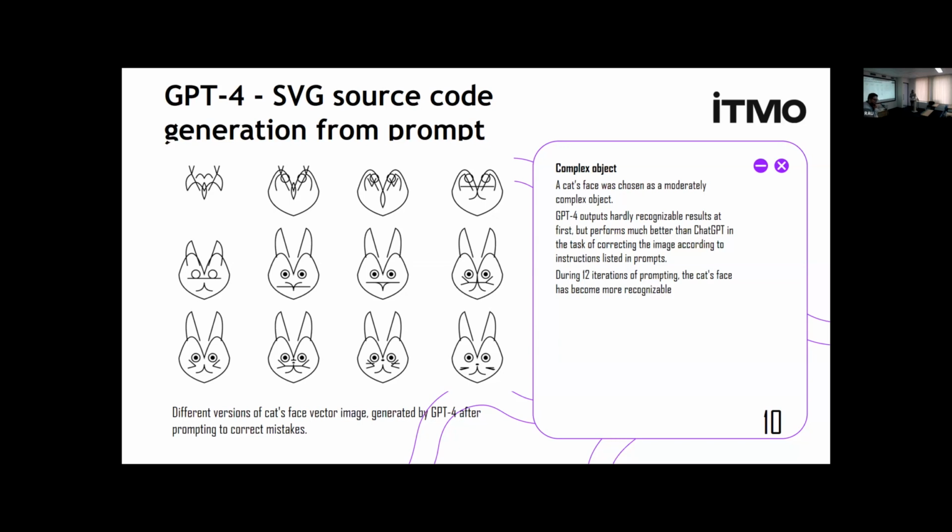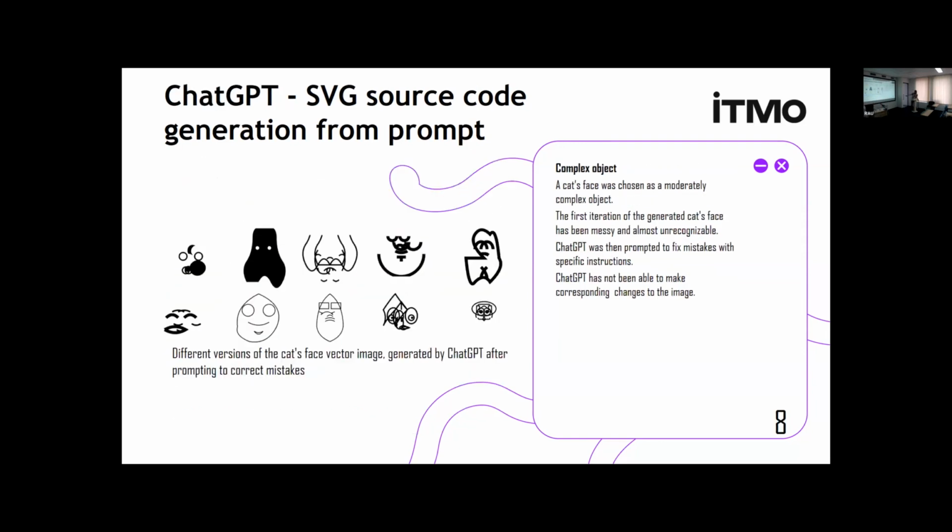And what about ChatGPT? It was not successful. Yeah, it was not. When I was trying to do the same with ChatGPT, it just outputs some messy drawings, so they were not adequate to the prompt.